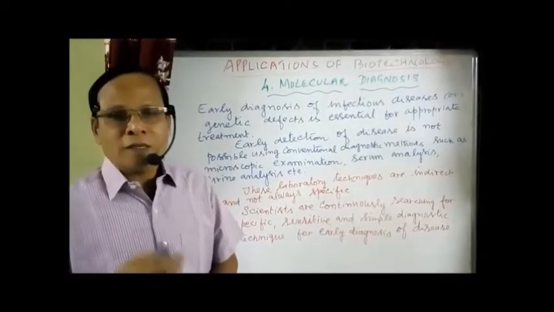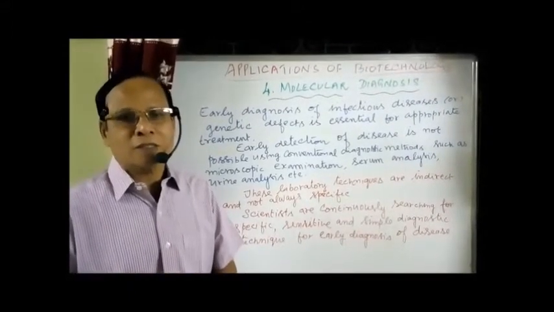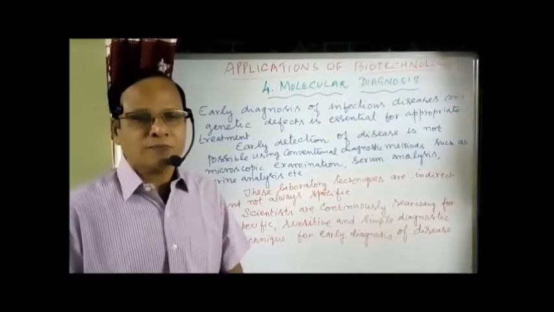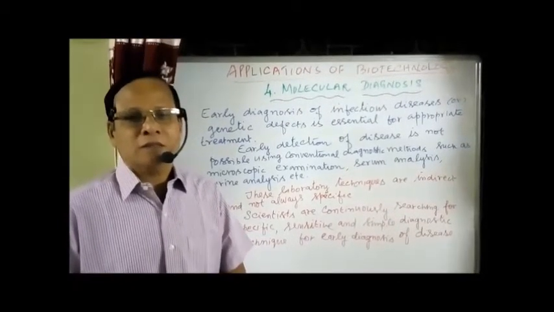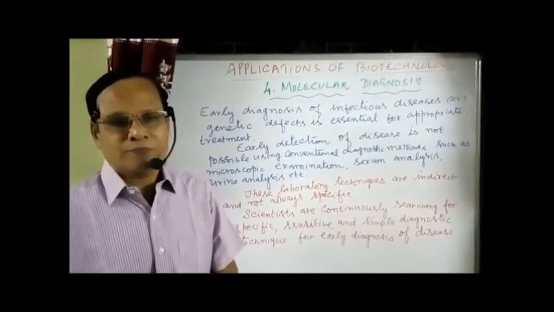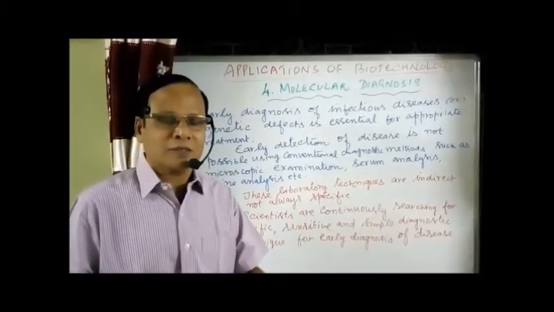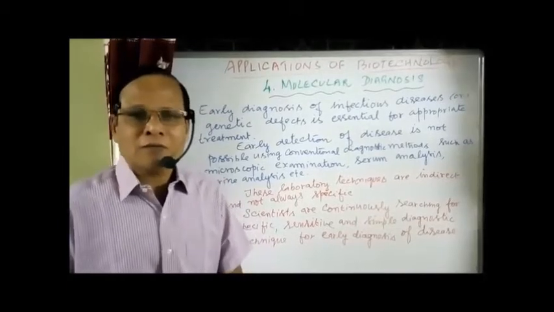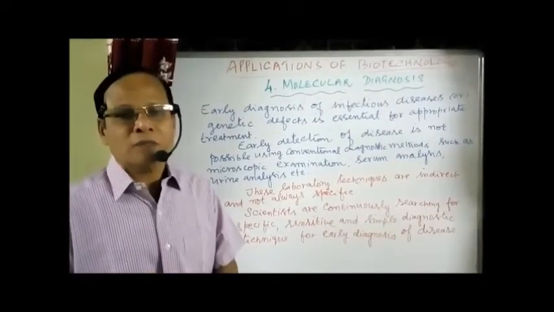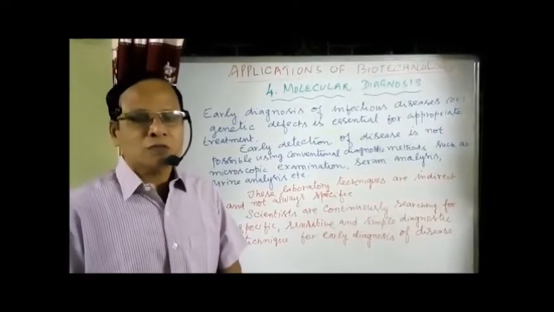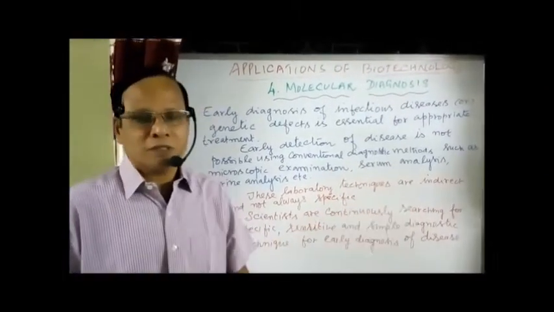Early diagnosis of various infectious diseases or genetic defects is essential for appropriate treatment. We have a number of conventional methods, but they are not reliable for early diagnosis of the disease.